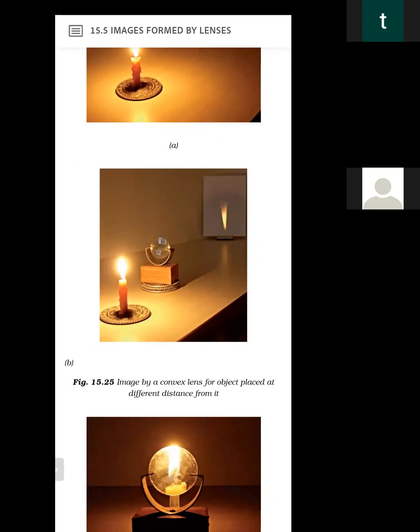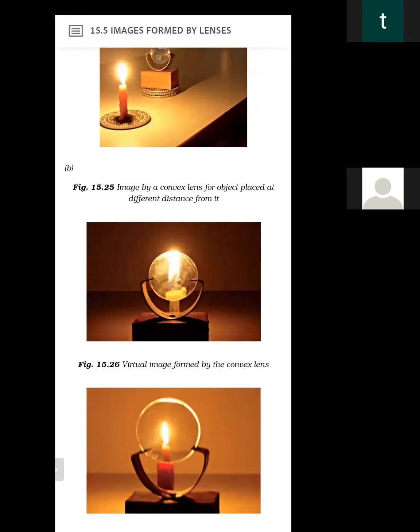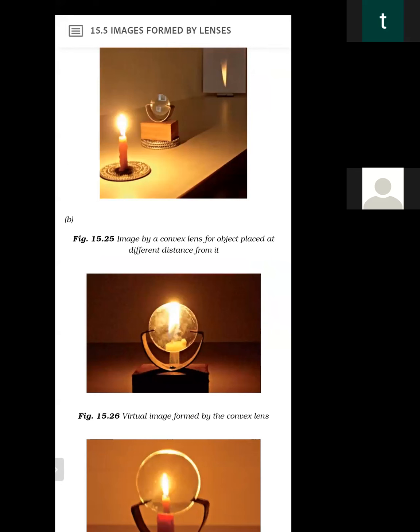Look at figure 15.26, virtual image formed by a convex lens. When the candle is much closer to the lens, we are not able to obtain the image on the screen, and the image which we are not able to obtain on screen is known as a virtual image.